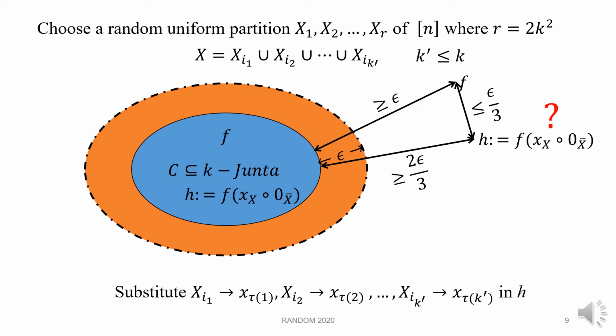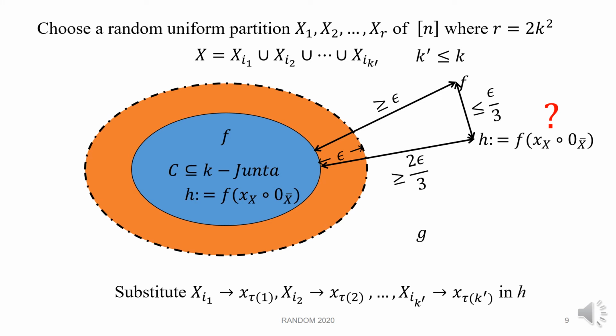We do not know which variable is relevant in each set, and we cannot afford to find it, because finding it takes at least log n queries, and we want the number of queries to be independent of n. But let us for now assume that we can do this substitution.